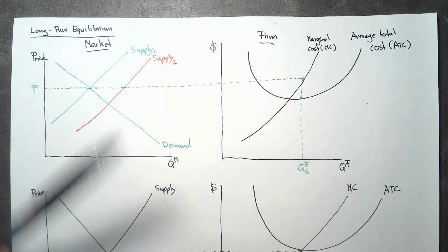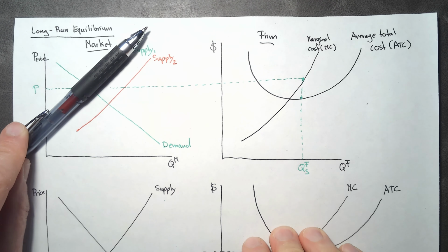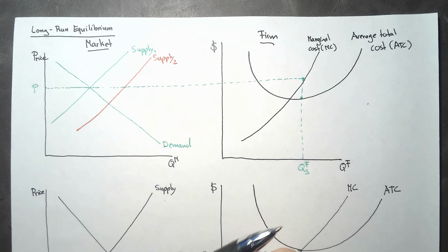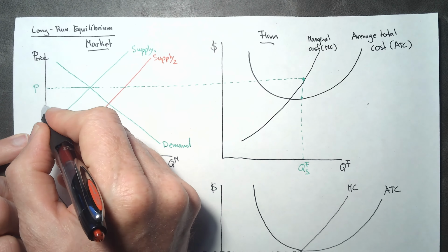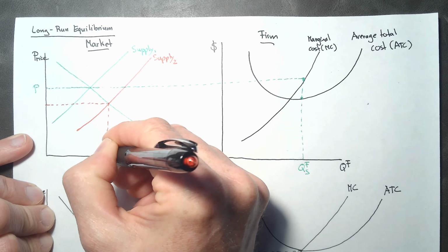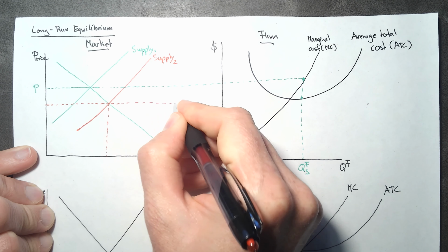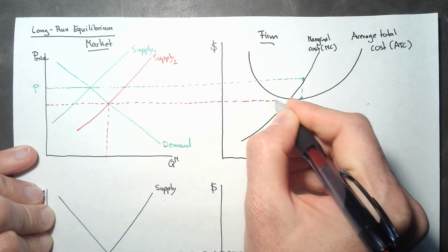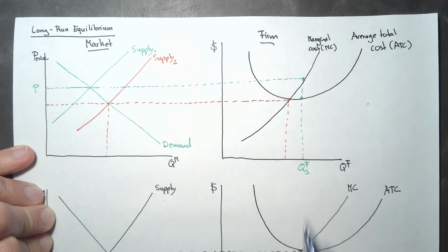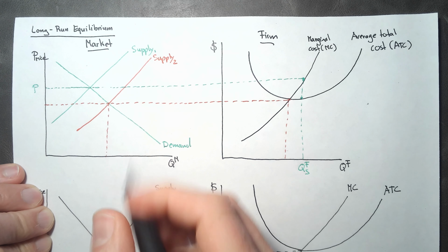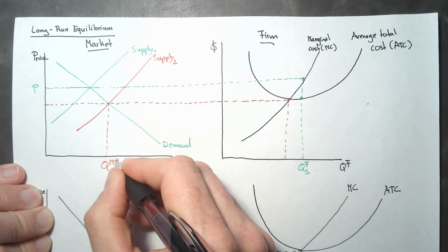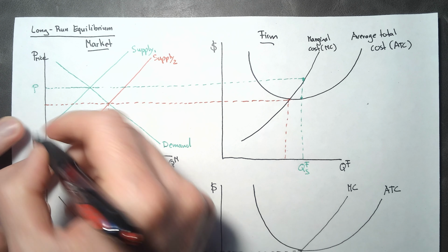Here we have an entry of firms into the market, shifting the supply function to the right, and now we have a new market price such that the individual firms are not going to make a profit anymore. So here we now have the QM, let's call this QM star, and let's call this P star.